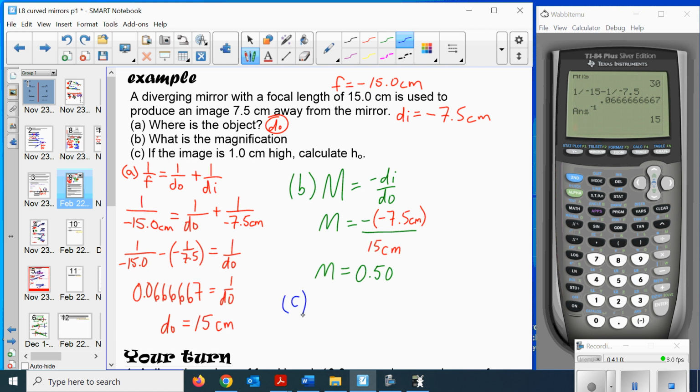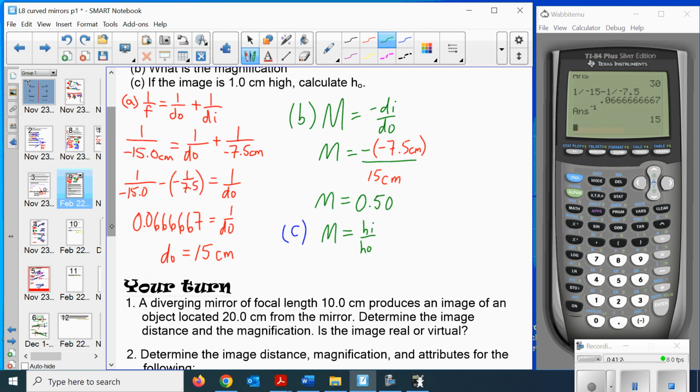If the image is 1 centimeter high, what's the height of the object? Okay, anyways, M equals, I've got to get this done. So I'm going to put in my 0.5.